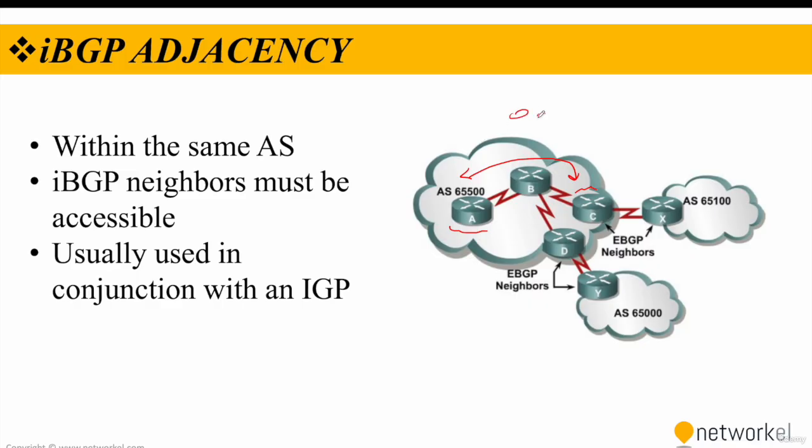For example, there is OSPF first of all, helping me reach from router A to router C. Once this reachability is there, only then can I go ahead and configure iBGP for router A and router C. So iBGP is usually used in conjunction with an IGP such as OSPF, and again, neighbors do not need to be directly connected. Even if they are not directly connected, you can establish an iBGP peer.